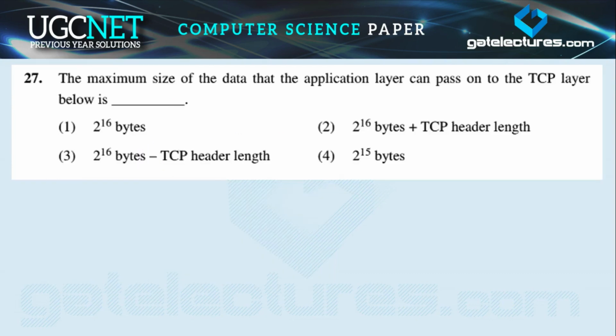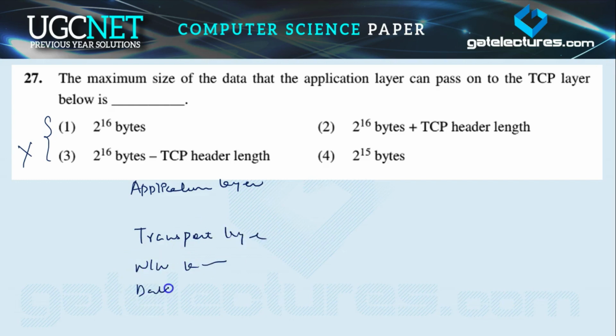Now question number 27 is, the maximum size of data that the application layer can pass on to the TCP layer below is, actually all the options are wrong. The reason is, if this is the application layer and this is the transport layer, and above are different layers like network layer, data link layer, right. If the application layer sends some data to the TCP layer, in that case it can send any size of data.